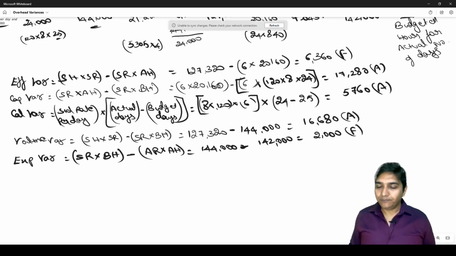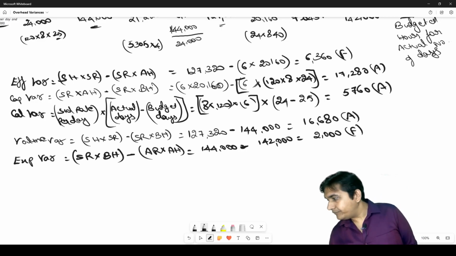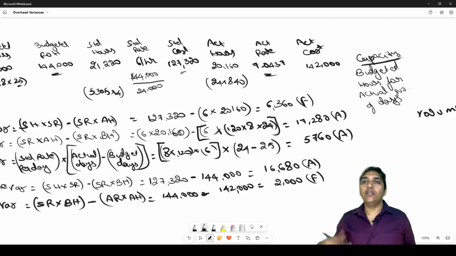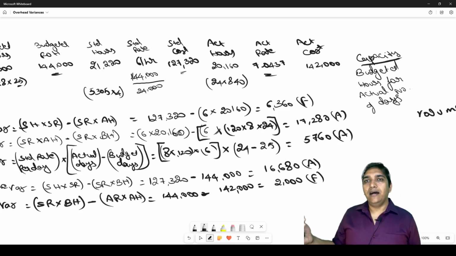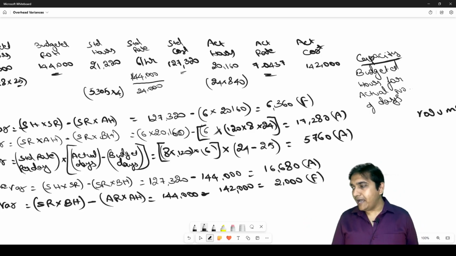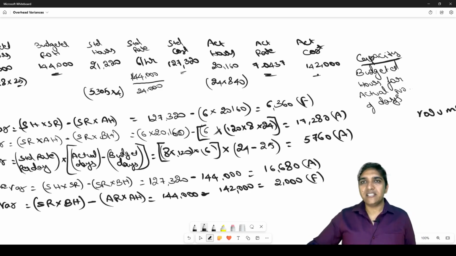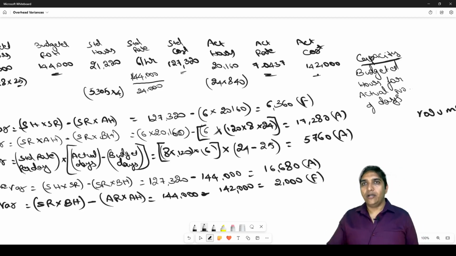Now, if you see, I have not used this actual rate. This actual rate, though I have calculated in a table, I have not used it. Why have I not used it? Because if I use decimals, one thing is I already have the multiplied answer available to me, and if I use decimals, I usually will get the answer in decimal. It will not be a rounded off whole number.